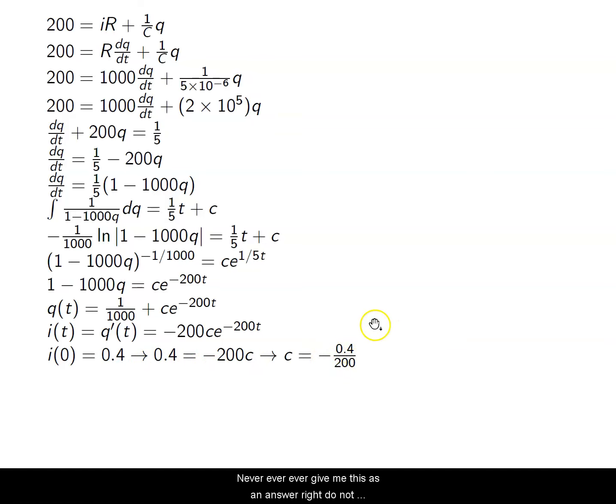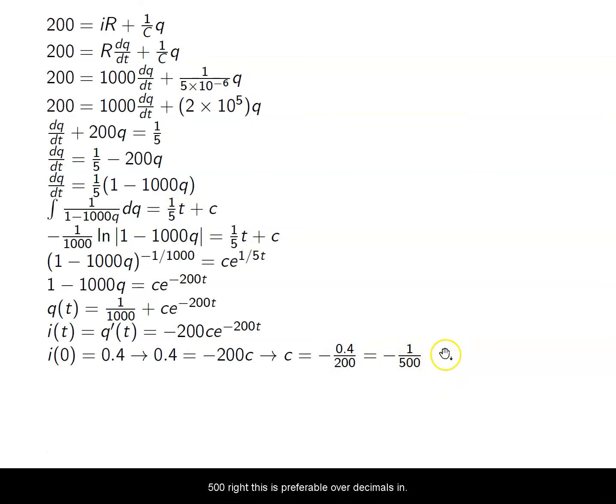So 0.4 is negative 200c, solve for c. Never ever ever give me this as an answer. Do not have a decimal inside of a fraction. It does not work that way. Give me either a simple decimal or a simple fraction. So here you can replace 0.4 with 4 over 10 and do some fraction work and get down to negative 1 over 500.